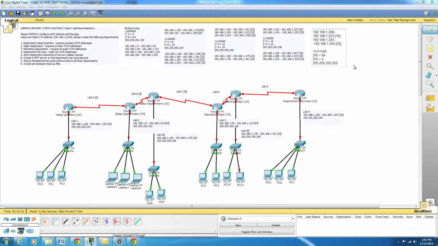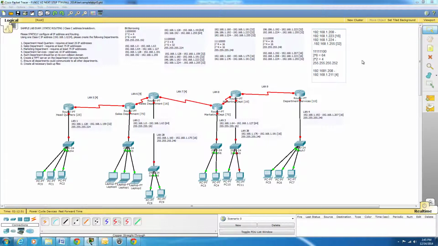As we do that, that becomes 192.168.1.208, and that is going to go to 192.168.1.211 because we're only adding 3 more to get a total of 4 IP addresses.